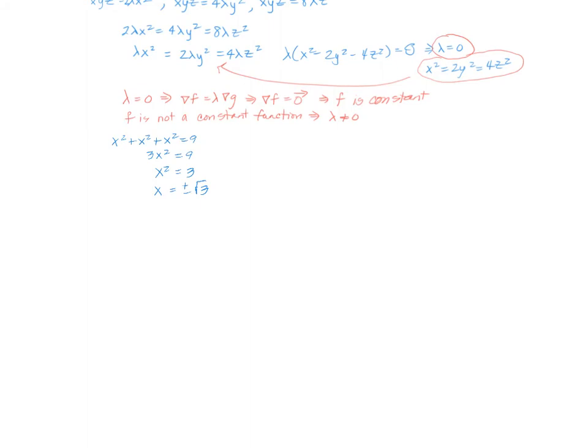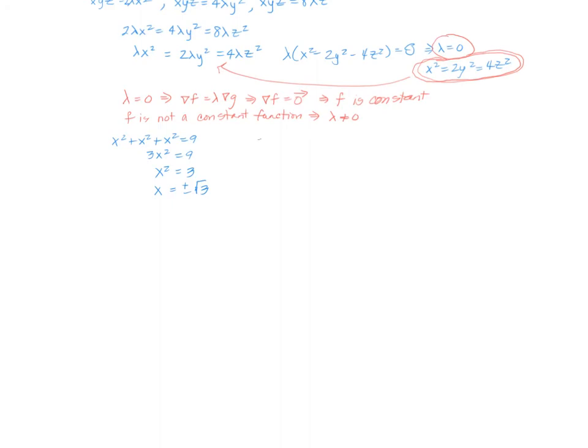Plugging those x values into, again, I'm going to be using this equation, the x squared equal to 2y squared equal to 4z squared. If I plug in negative or positive square root of 3 for the x, I'm squaring it, so it's just positive 3.